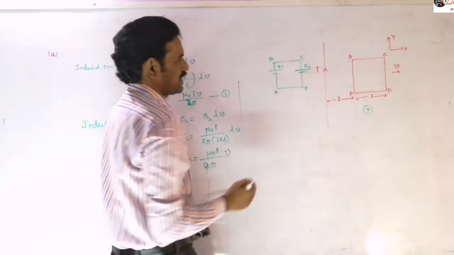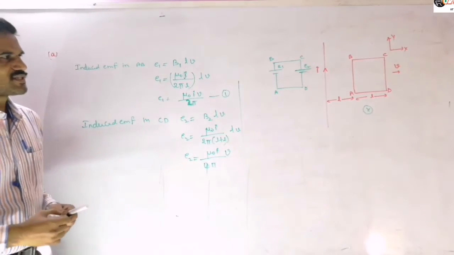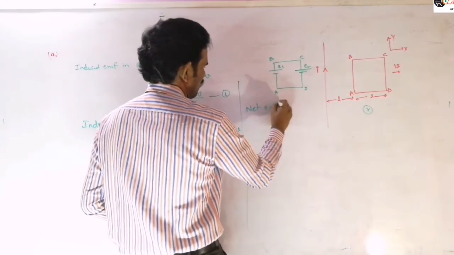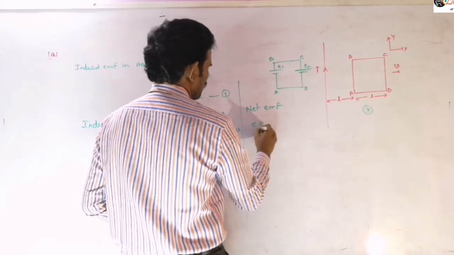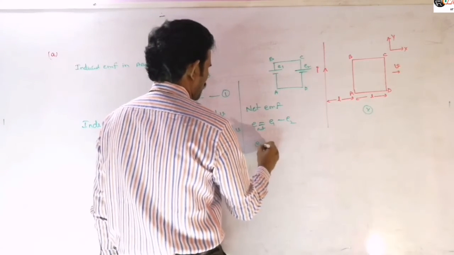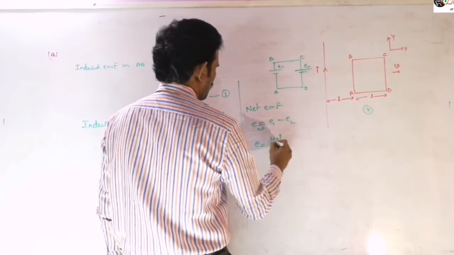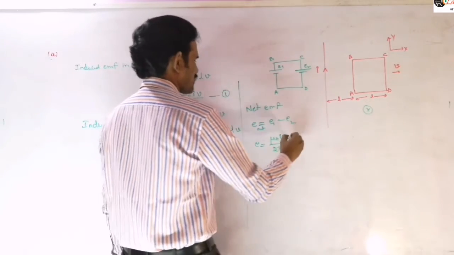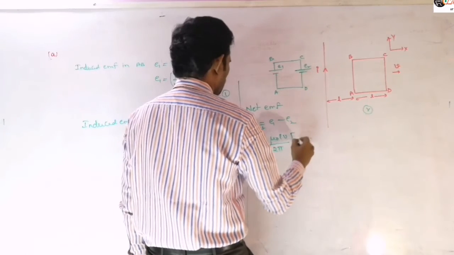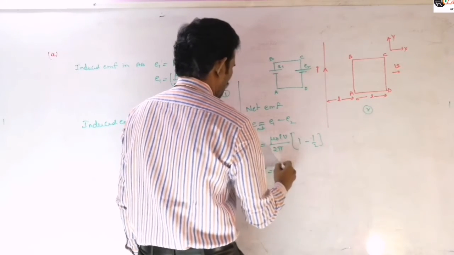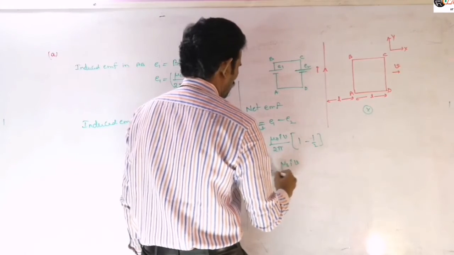Both cells are connected oppositely, and therefore the net EMF is E net equal to E1 minus E2. So E is equal to mu naught I V by 2 pi, taking it common, into 1 minus 1 by 2, so the value is mu naught I V by 4 pi.